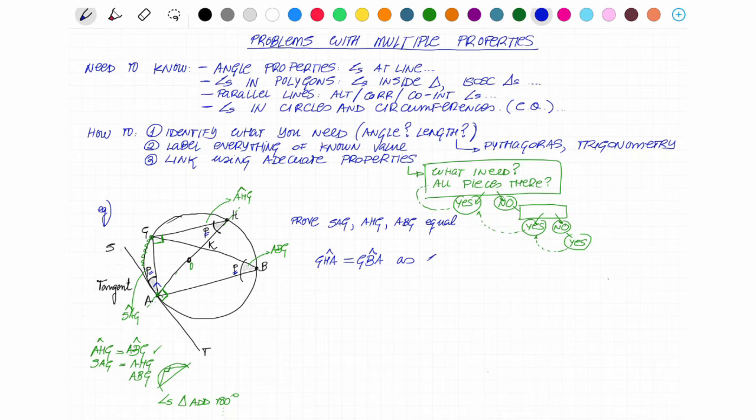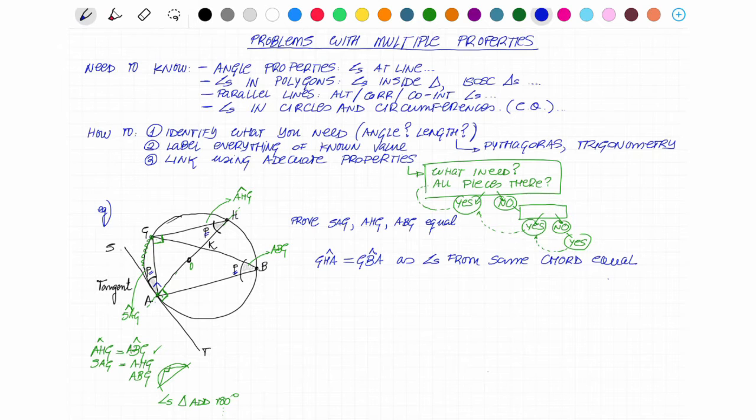Now I need to justify it. This is true because angles in the same chord are equal. And remember, I need to know the rules to be able to use them.